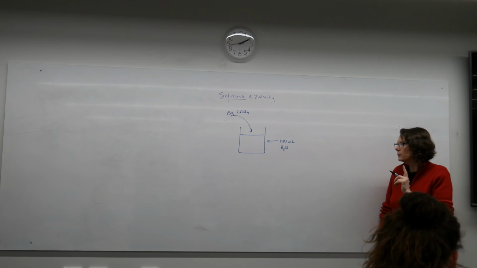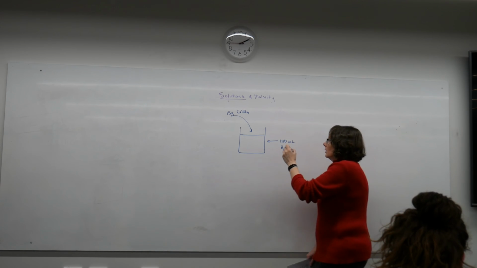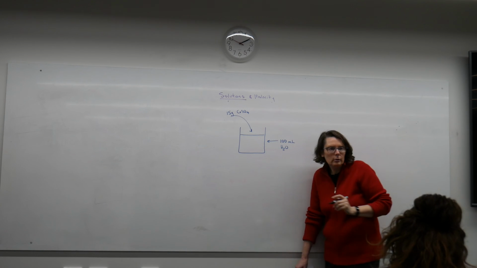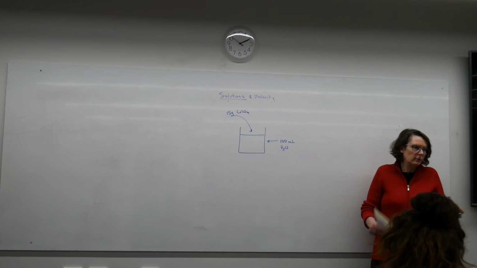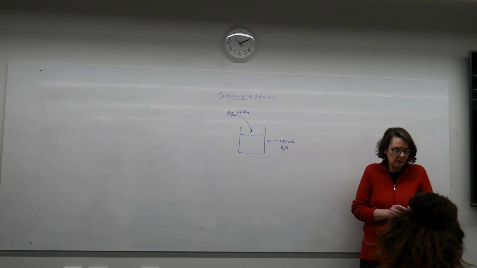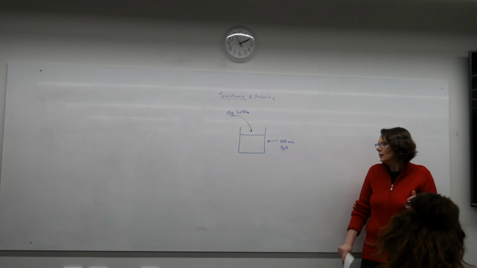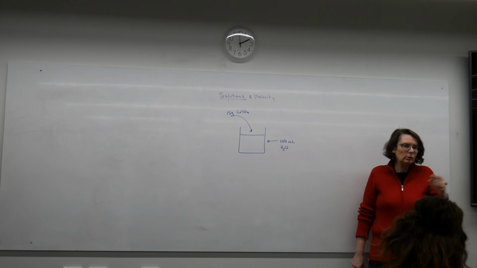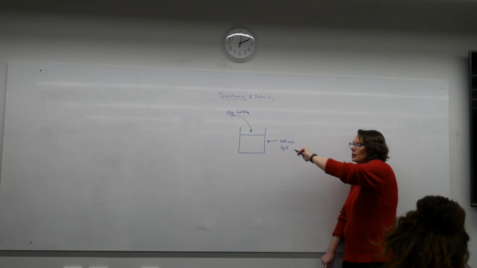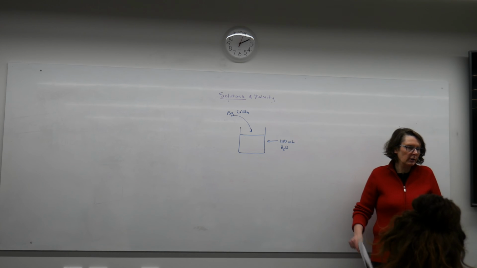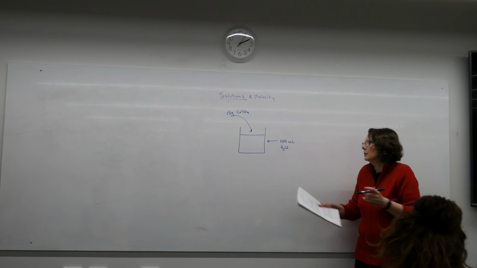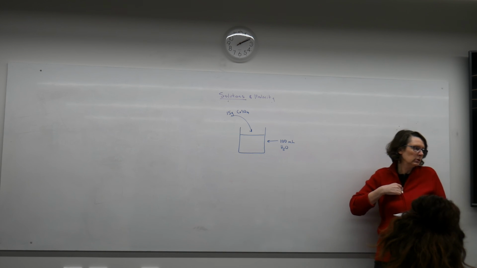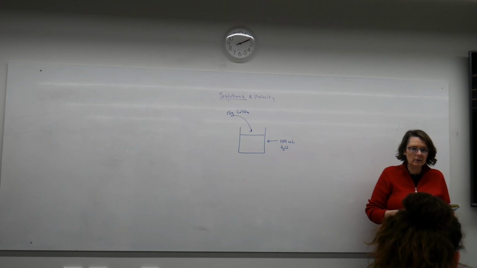But in actual fact, with a relatively high volume of water and a relatively low mass of whatever it is that you're dissolving into your water, the volume will remain the same. So don't get hung up on masses going into volumes and trying to figure out, well, if that's 15 grams, surely this has gone up by 15 mils. That doesn't actually happen.